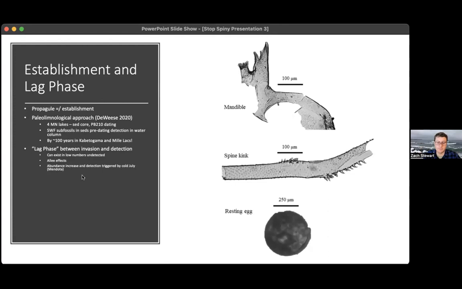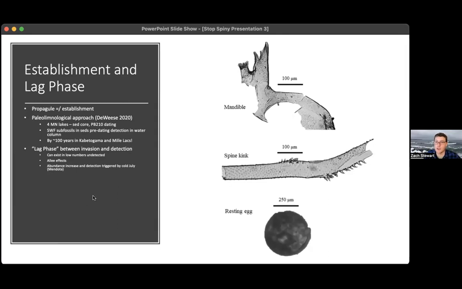So that's quite interesting to me, because it suggests that spiny water fleas can potentially arrive in a lake and survive in low numbers undetected for years or tens of years or even 100 years in some of these instances. And then all of a sudden, their abundance can just explode from that sort of latent smaller population. And some suggest that that explosion, that end of the lag phase, can be triggered by environmental effects such as an unseasonably cool summer.